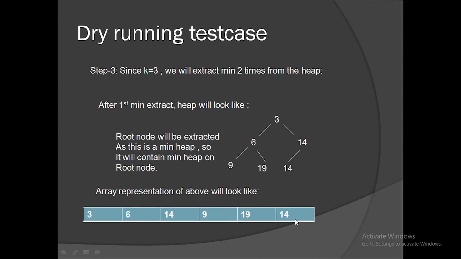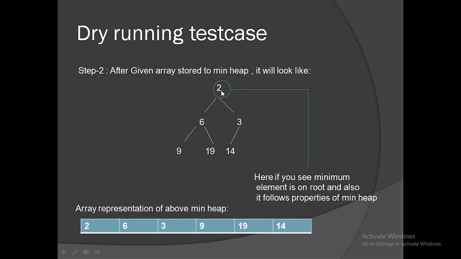Okay, so coming to the next step of this dry run, since we have to find the third smallest element, we will extract minimum 2 times from the heap. As I told you, we have to extract the value k minus 1 times. So if you go back and see here, the minimum element is 2, right? Now 2 will be extracted.